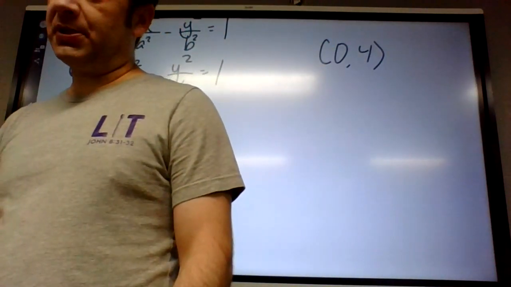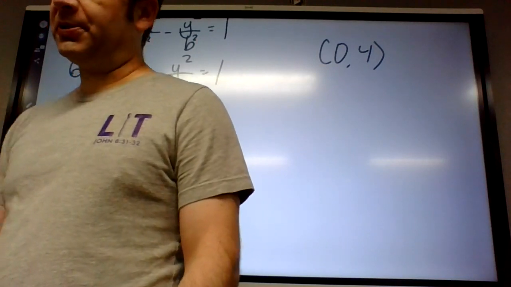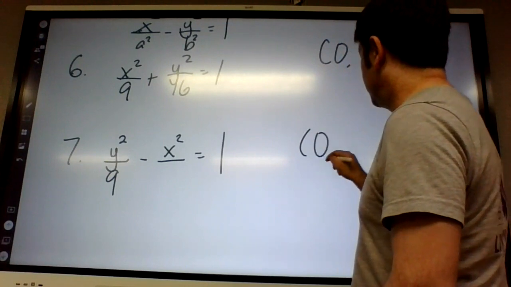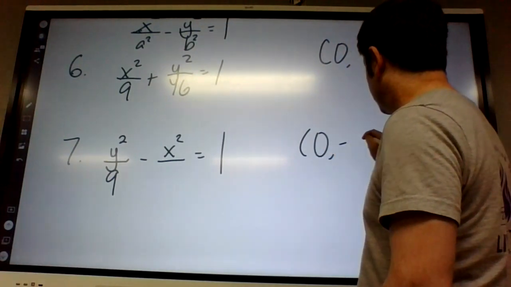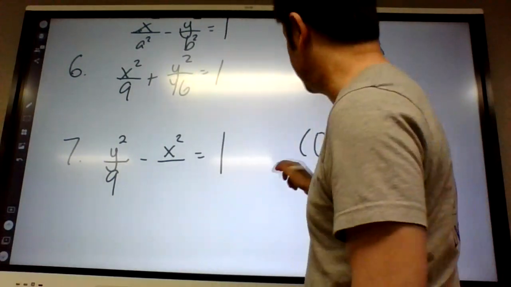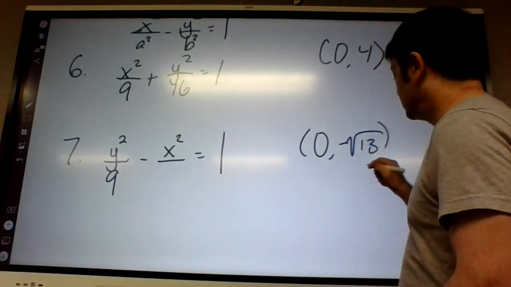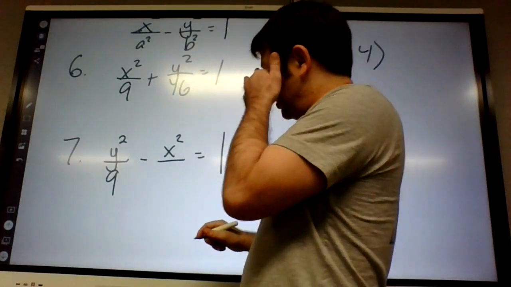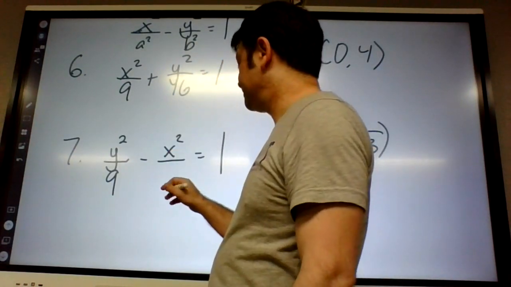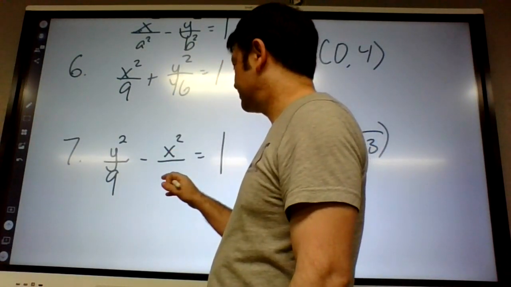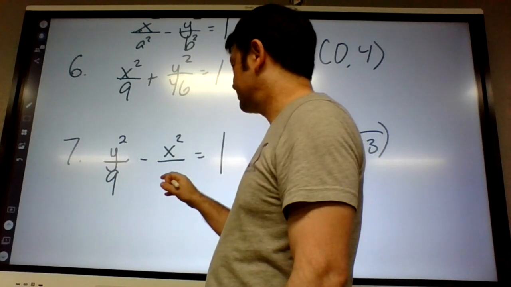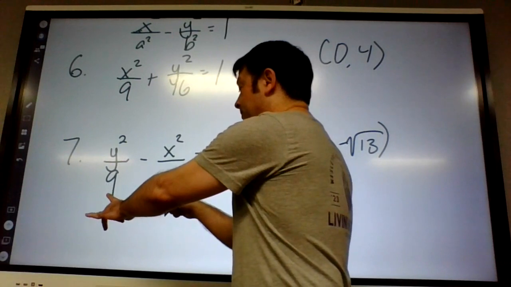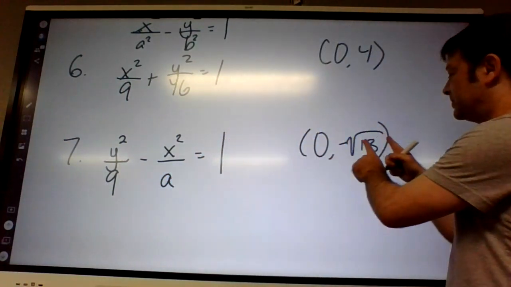And the focus is 0, -13. Okay, that's a trickier question. So we can use this, was it 13 or square root of 13? And call that A, I guess. So how did we get from this to find the focus?